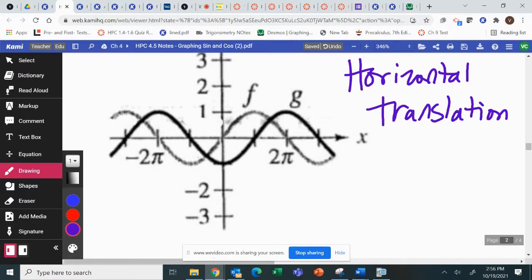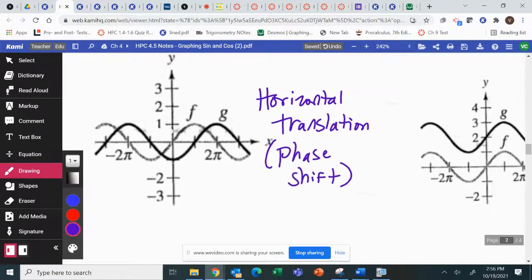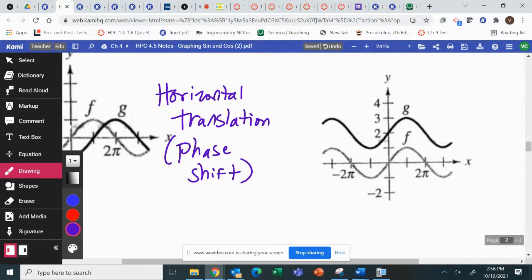And that was what I was going to do next. They're going to call it a phase shift. So when you have to answer, what's the phase shift? That's just like went to the right pi. On the test, it'll be like phase shift and you'll type right pi.